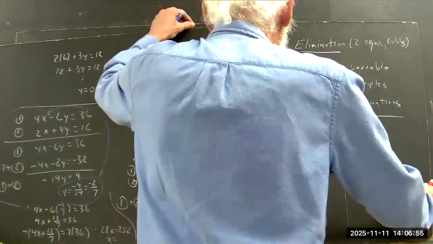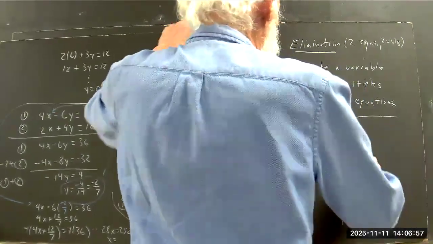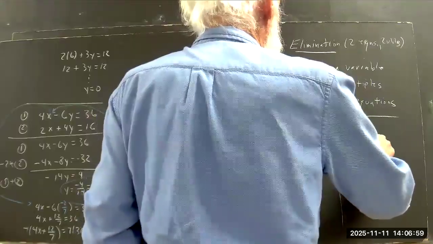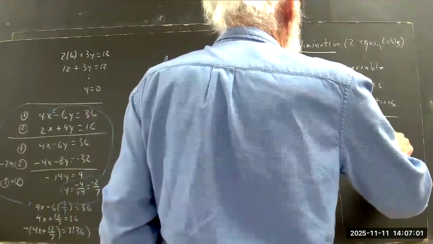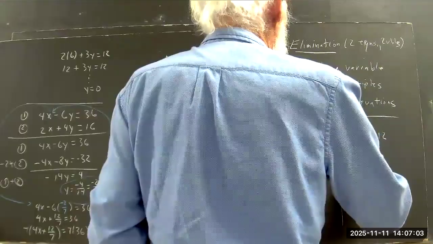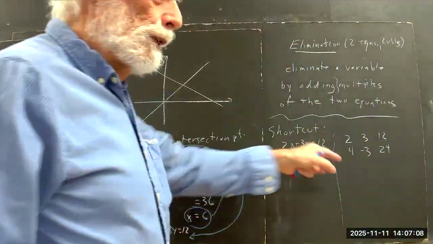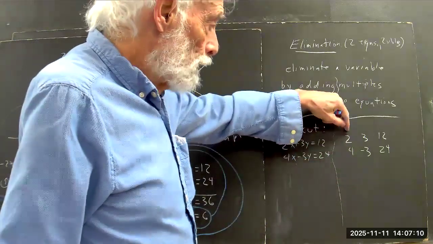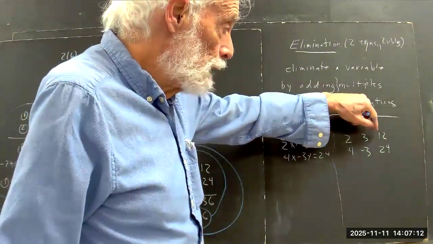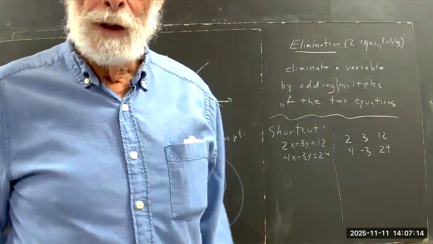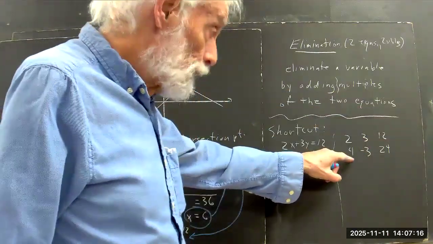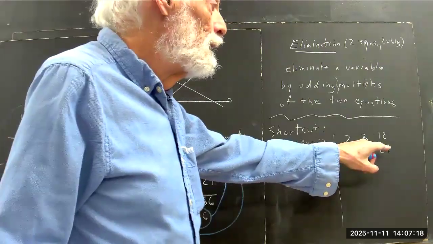And our shortcut notation for this system just has the 2, the 3, and the 12, and the 4, and the -3, and the 24. This automatically stands for this times x plus this times y equals this. Okay? And this times x and this times y equals this.